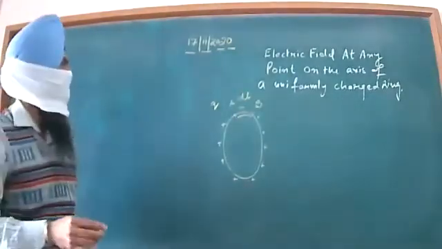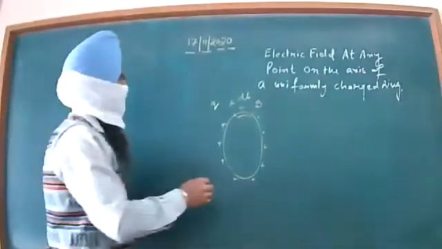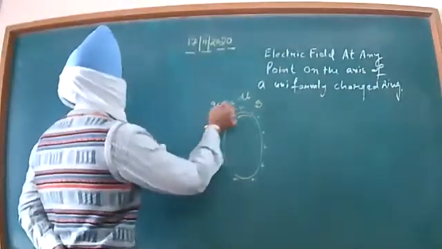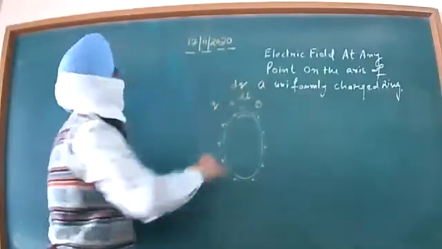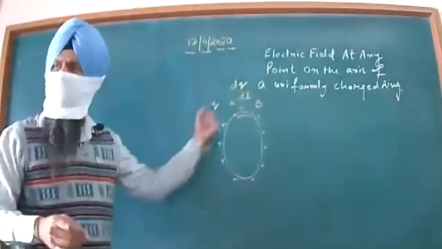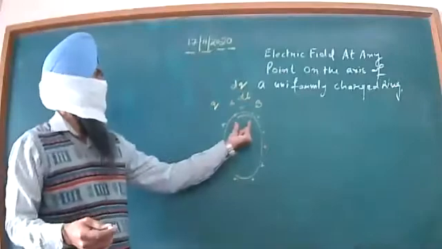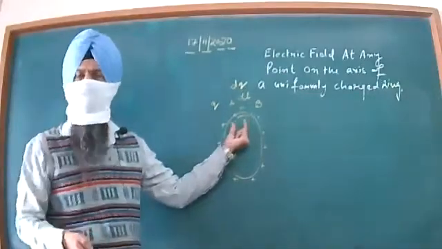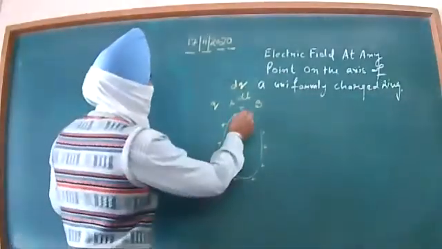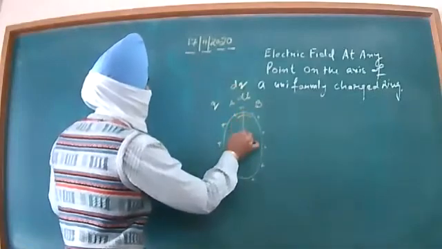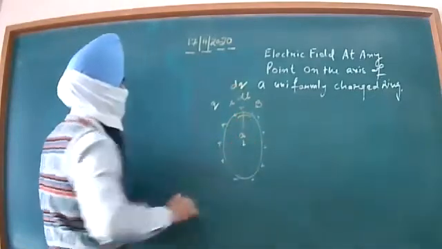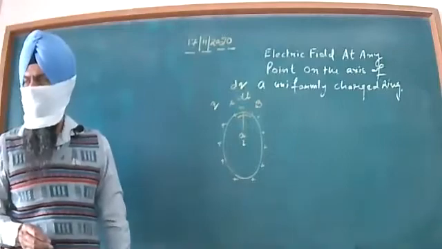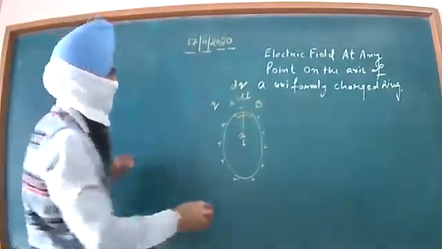Small length, because it is a small element, it must be carrying a small amount of charge dq on it. Q is the total charge distributed, and dq is the charge available with the small element. And furthermore, we imagine that small a is the radius of this particular uniformly charged ring, beta.